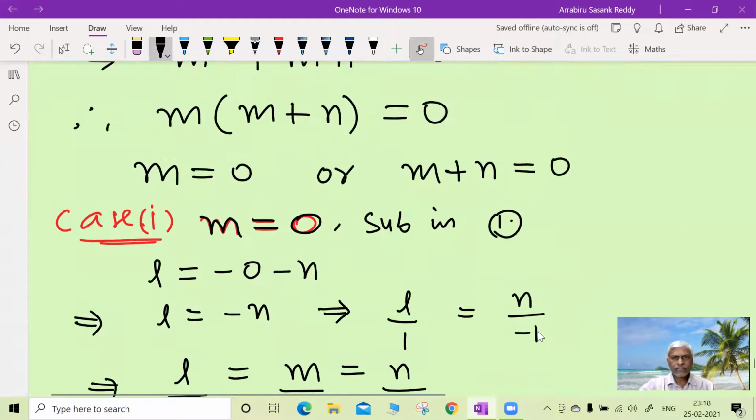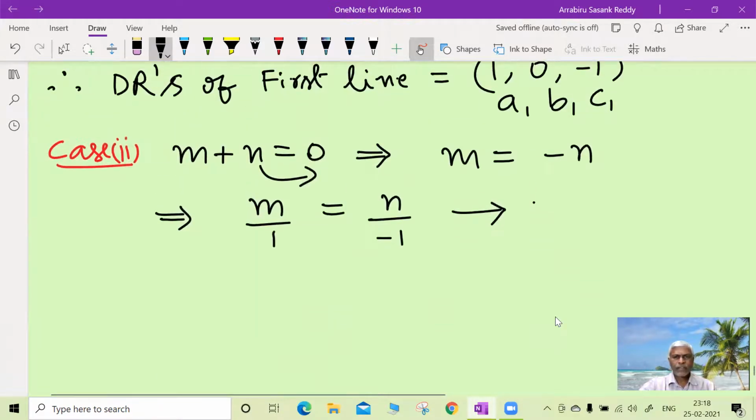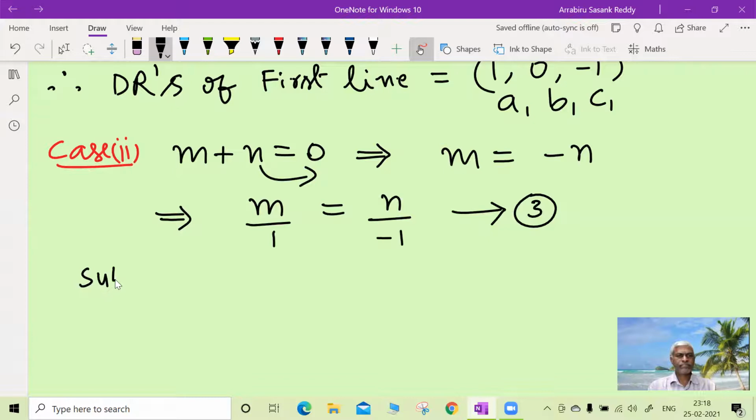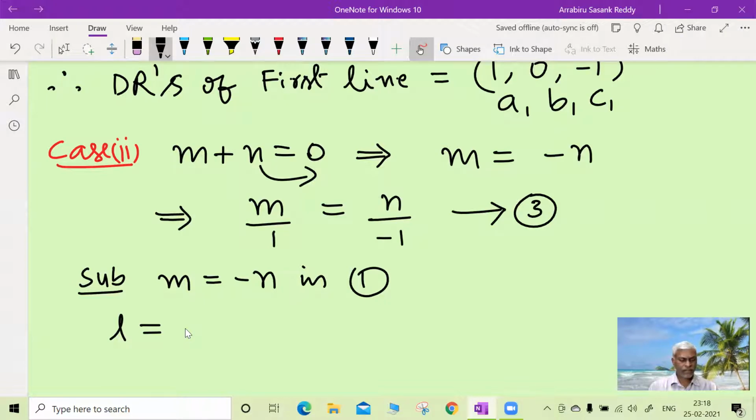Let us call it equation 3. And substituting m is equal to minus n in the first equation, that is l is equal to minus m minus n.